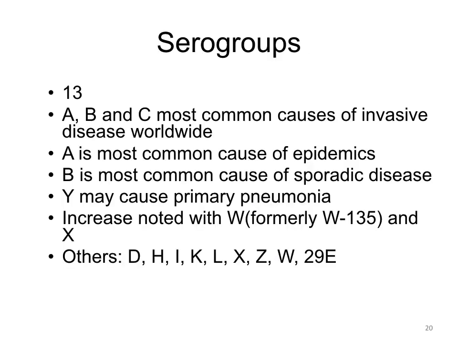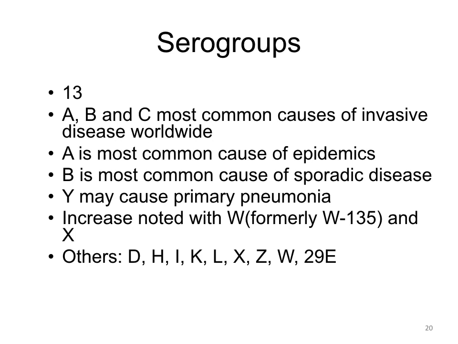Based on the capsule, there are 13 serogroups, of which 6 cause the most important disease worldwide. Serogroup A, B, and C are the most common causes of invasive disease worldwide, followed by W and now X as well. Serogroup A is the most common cause of epidemics in poor countries.